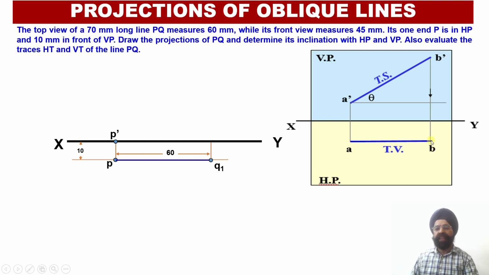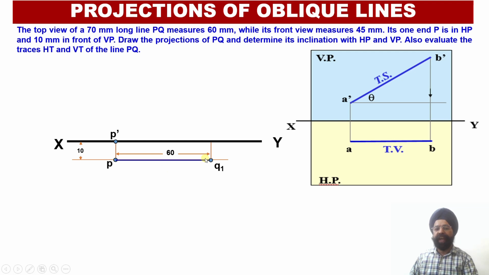Once I obtain this plan projection length parallel to the vertical plane, if I draw a vertical projector through this point, I will be able to obtain the second point of the true length in the elevation view. I have got this plan projection edge over here, the length of the top view parallel to the vertical plane.